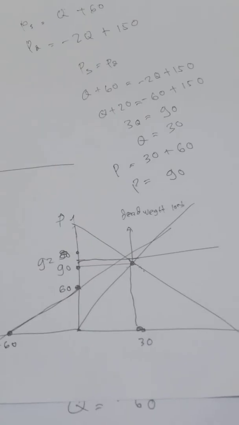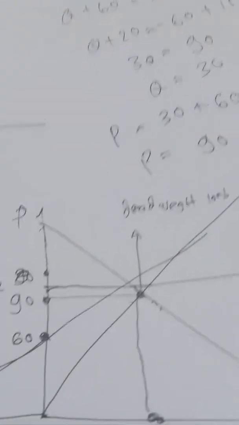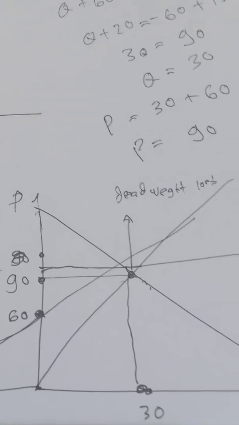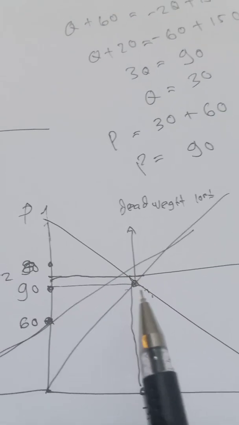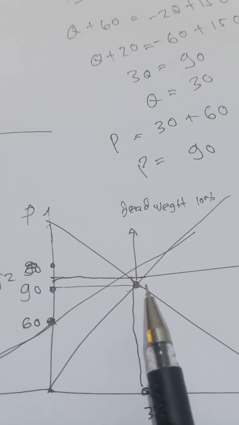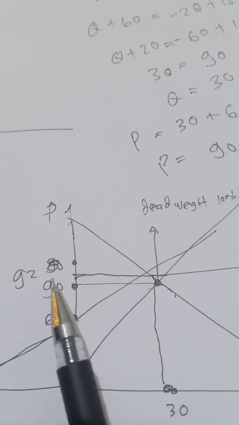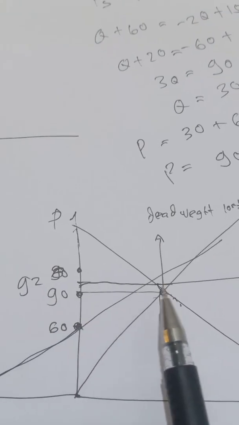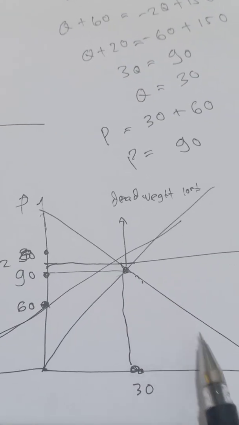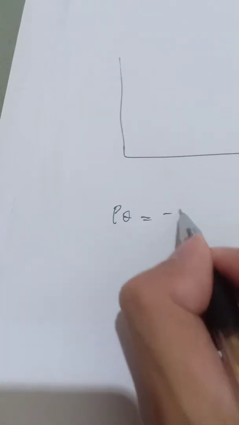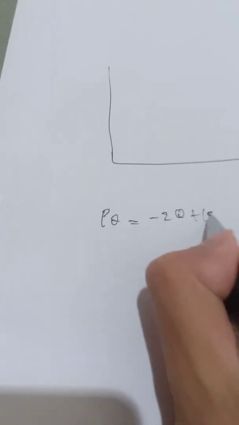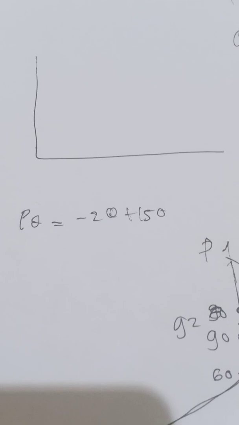Okay, the next step is how to find the length, height, and base of the dead weight loss triangle. First we look at 92. The first line encountered is the demand line, so we will use the PD equation, where we know that PD is minus 2Q plus 150.